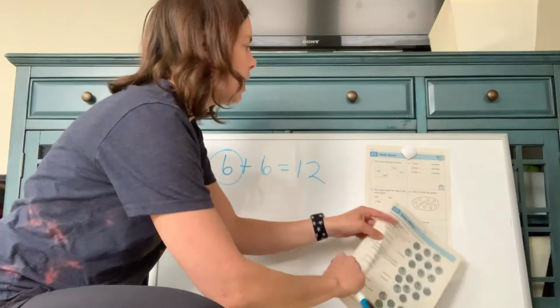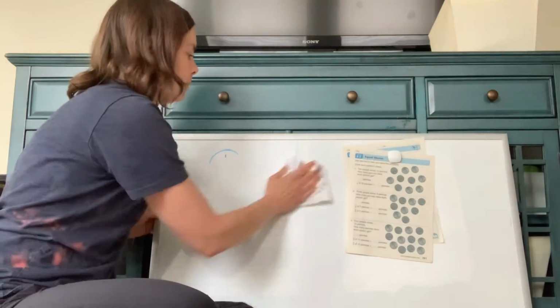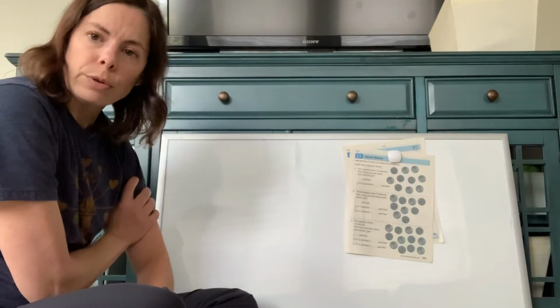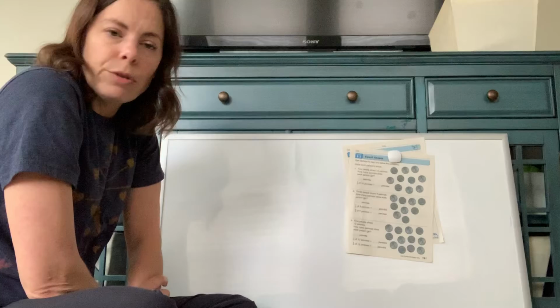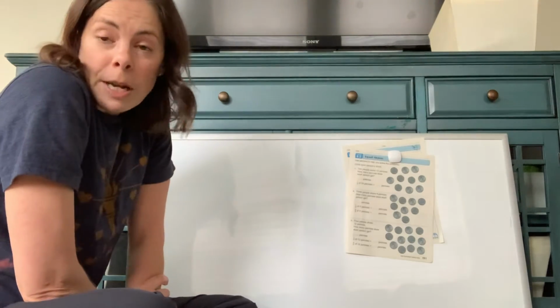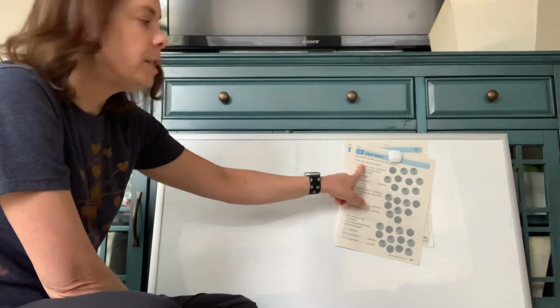All right, now let's look at page 191. This is similar to the color the eggs or circles green. We have to know how many pennies are in the group, and then we have to follow the instructions. So you can get your own pennies if you want, if that helps. You can also circle and draw on these pennies.